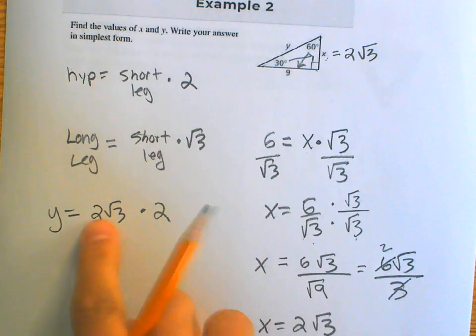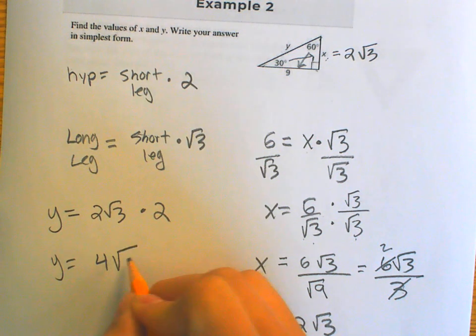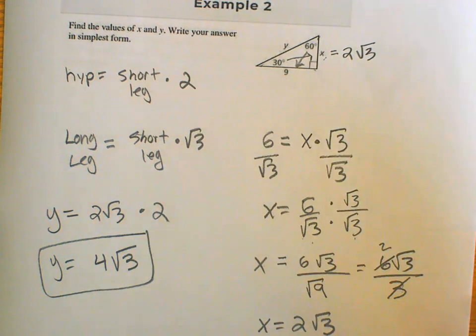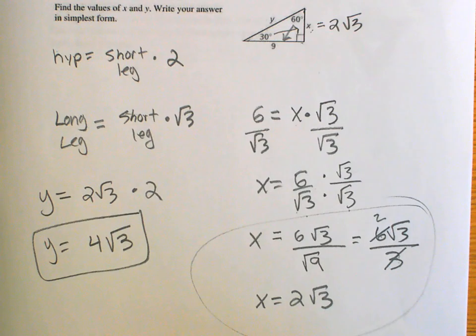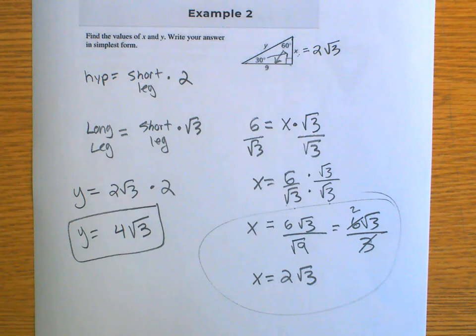You can multiply the 2 times the 2, and then that's going to give you 4 radical 3. And this process that we just did right there is called rationalizing the denominator, aka don't get a radical in the denominator. All right, so that is example number 2.